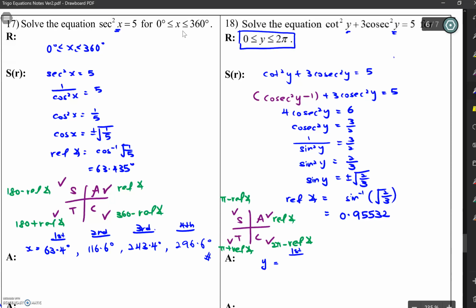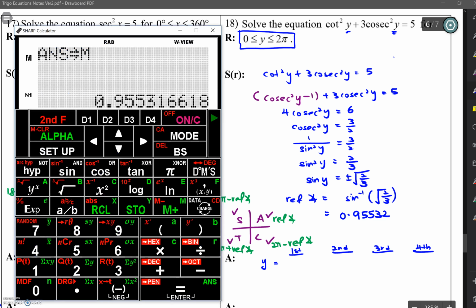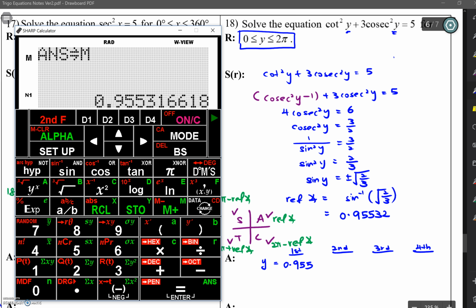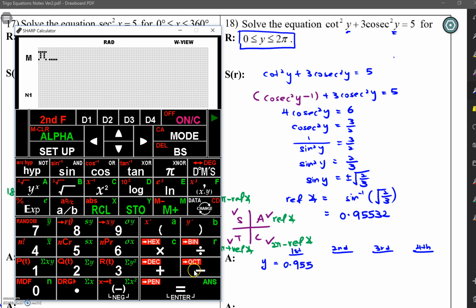So it will be in my first, second, third, and fourth quadrants. In your calculator, first quadrant is just the reference angle, so I write it as 0.955.